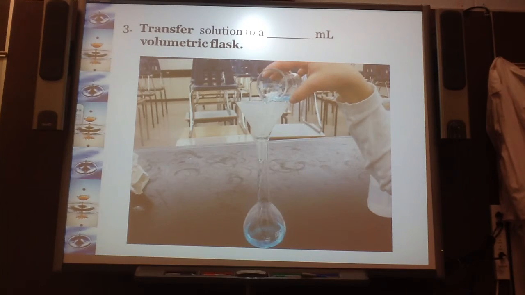Most of you only have hundreds. So this is a smaller flask, and it says it's 100 milliliters. This is a volumetric flask, meaning that it gives you a very specific volume. At this line it is exactly 100 milliliters, the bottom of the meniscus. So you transfer it in, and then you carefully fill it up from there, with one of those squeeze bottles and a funnel, so that at the end you're just giving little drops, so that you can't pour some out. Because then it's not the right concentration.